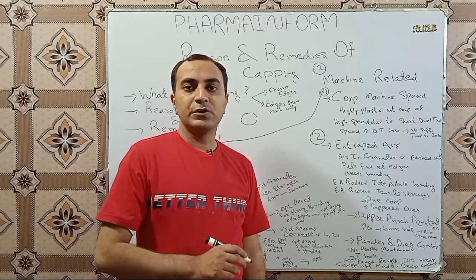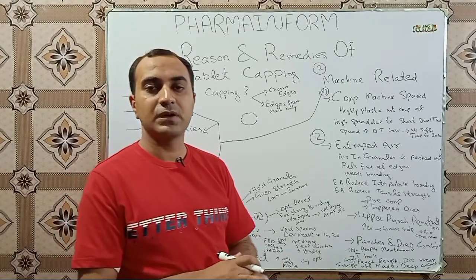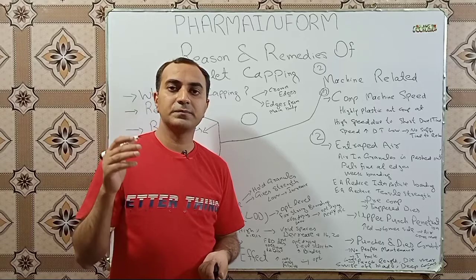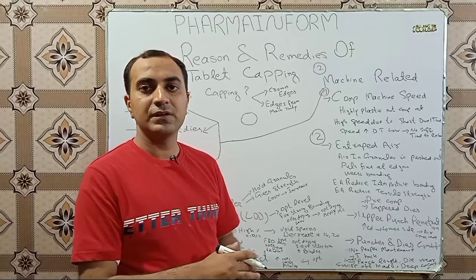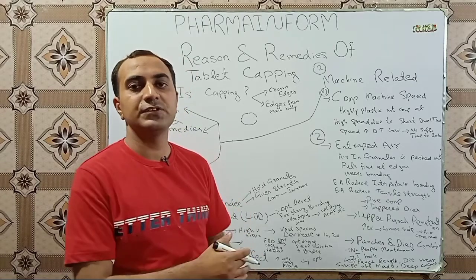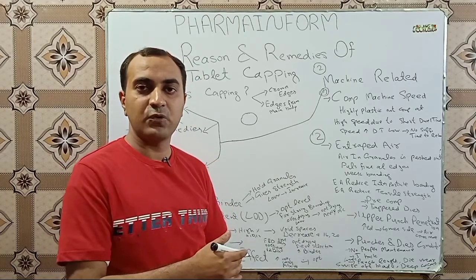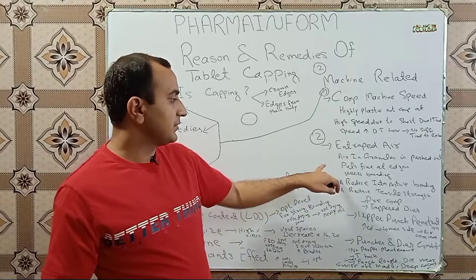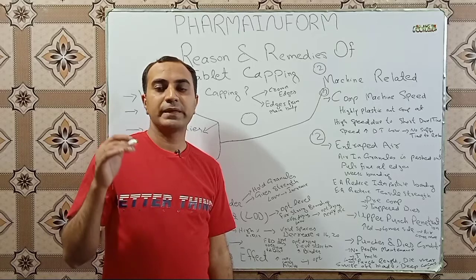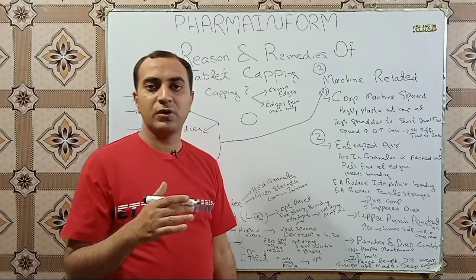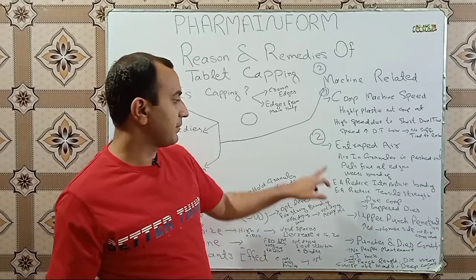The air present in granules may also result in tablet capping, because when we compress the granules in the compression machine, the granules in the die cavity may have entrapped air, and when this entrapped air comes outside, it also pulls the fine powders along with it, and these fine powders are compressed at the edges of the tablet. So at the edges the particles are not bound strongly, and there may be chances of tablet capping.